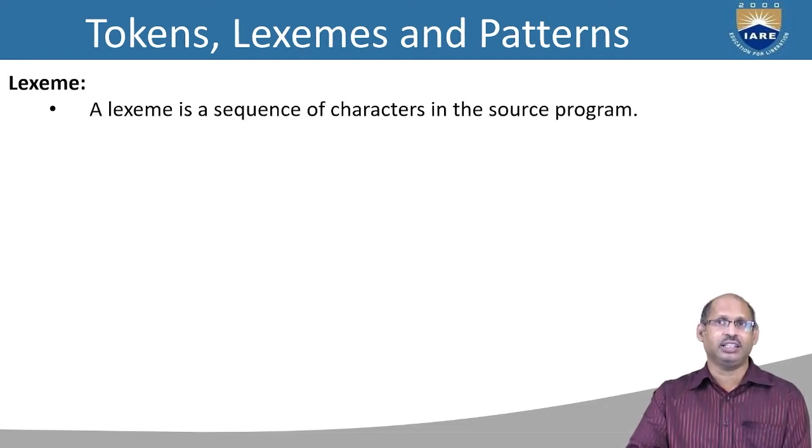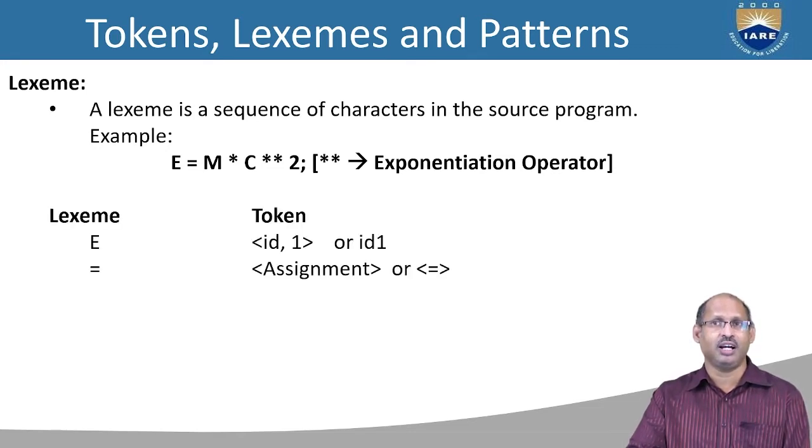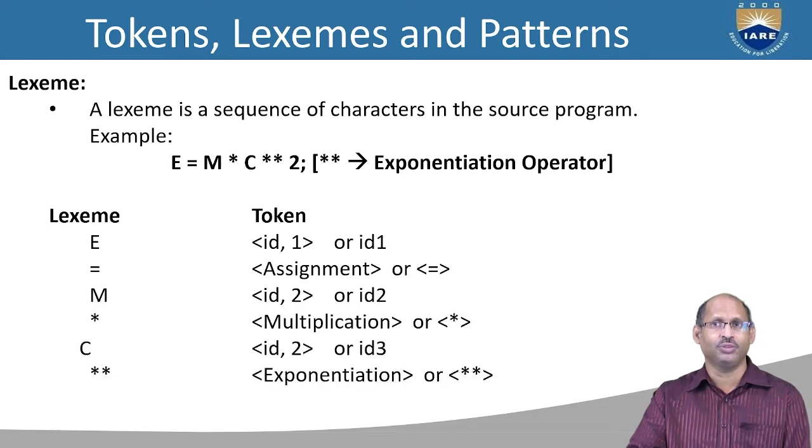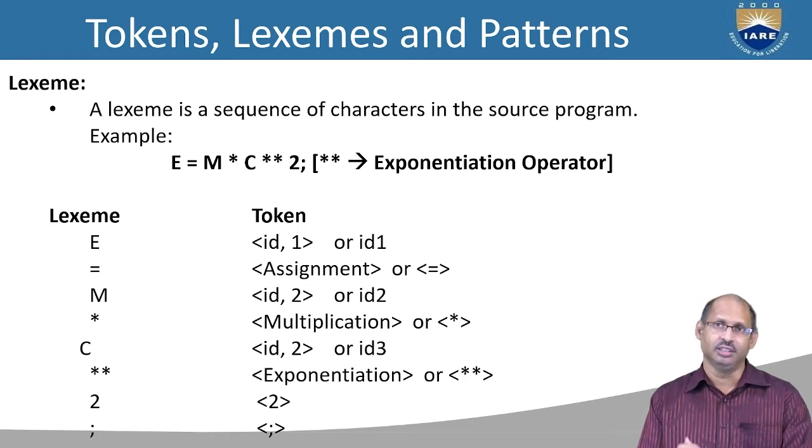A lexeme is a sequence of characters in the source program. So here is a given expression, and now the lexemes and their respective tokens. E is a lexeme, an identifier, stored in the first position in the symbol table. Assignment is an assignment operator.